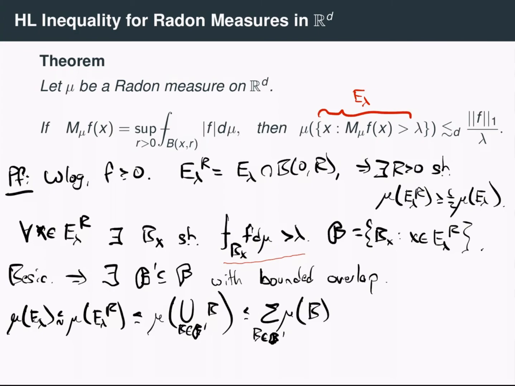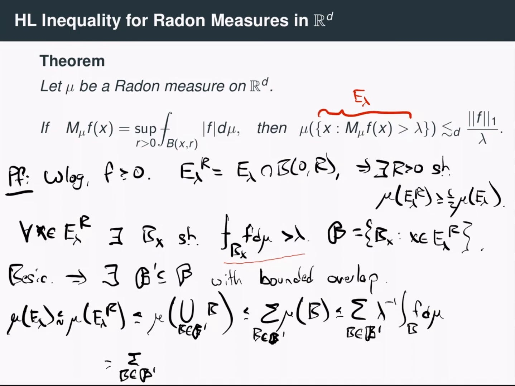Okay, so notice that if I multiply both sides of this inequality by the measure of Bx, or the measure of the ball, and divide both sides by lambda, it gives me that mu of the ball is at most lambda to the minus 1 times the integral of f over that ball, with respect to mu.